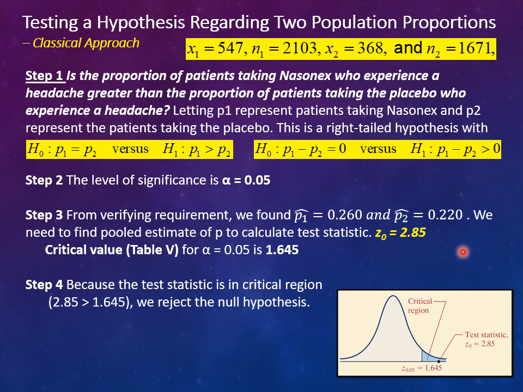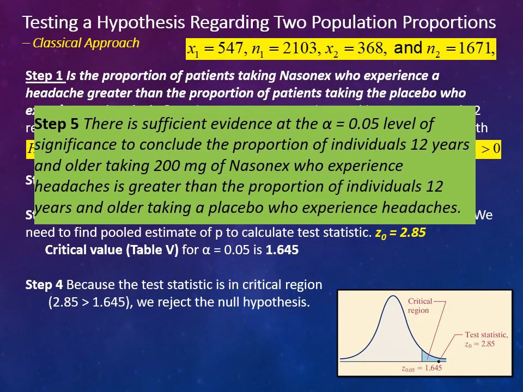And here you can see the test statistic 2.85. You can see the critical value of 1.645 in the right area here. And since the test statistic is in the critical region, specifically 2.85 is greater than the critical value in a right test, we reject the null hypothesis.